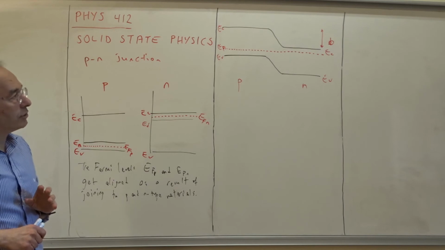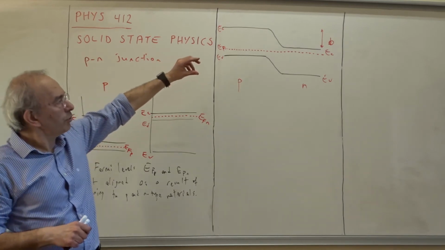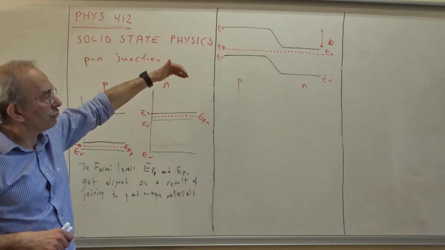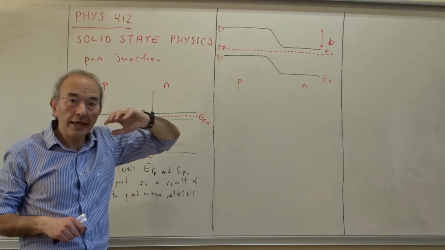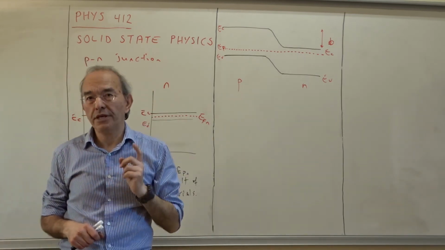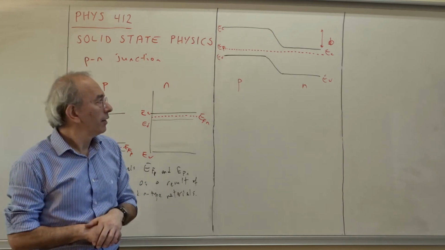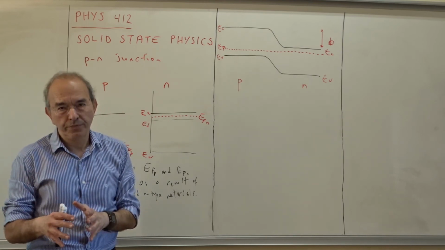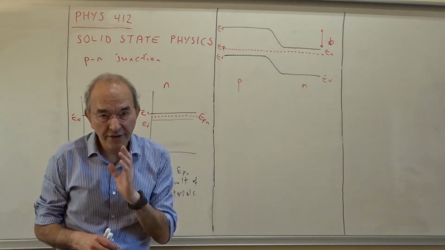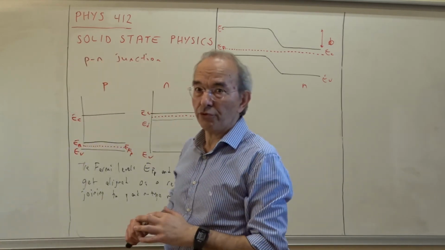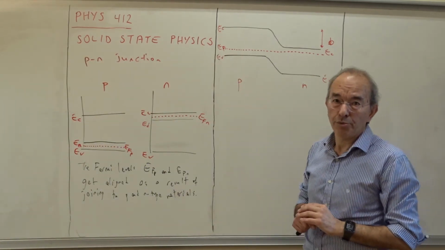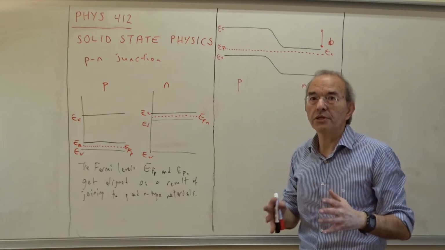This is the contact potential. Let me emphasize that things are probabilistic, so remember the Fermi-Dirac distribution every time you face such processes.